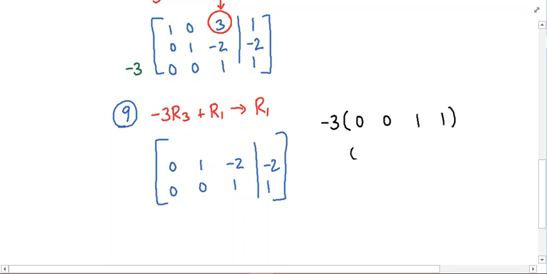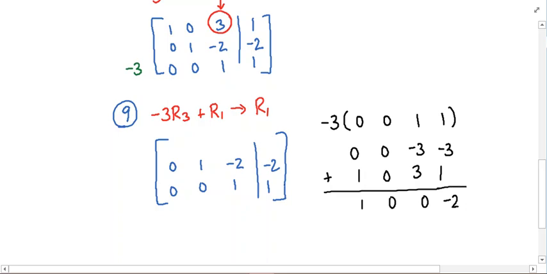That's going to give me 0, 0, -3, -3. Now I need to add it back to row 1. So go to the previous matrix and write down row 1 and add. We're going to get 1, 0, 0, -2. So that's your new first row.